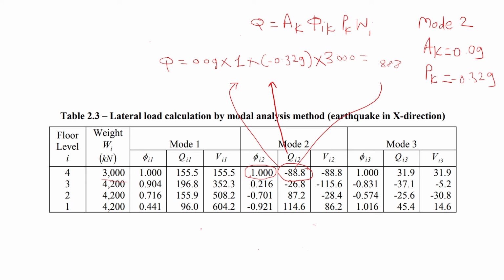Similarly, you can do 0.09 multiplied by, for mode 2, 0.216, multiplied by minus 0.329, multiplied by weight 4200. Okay, you will get this value. Similarly, you have to do it for mode 3.